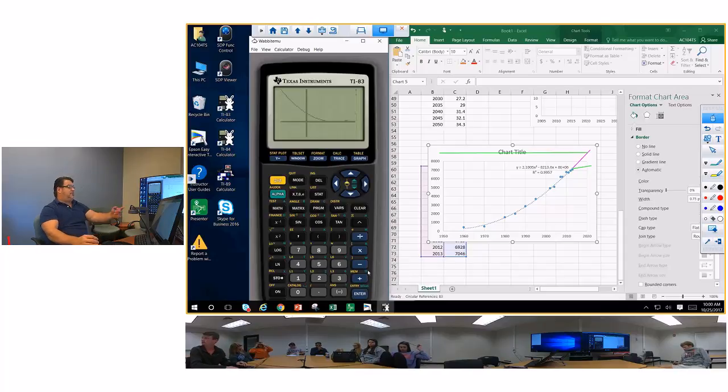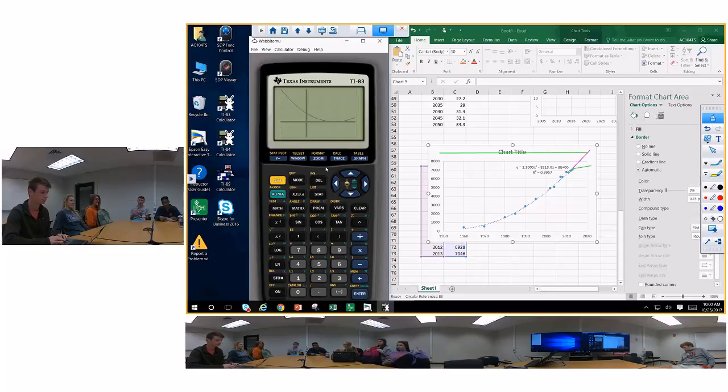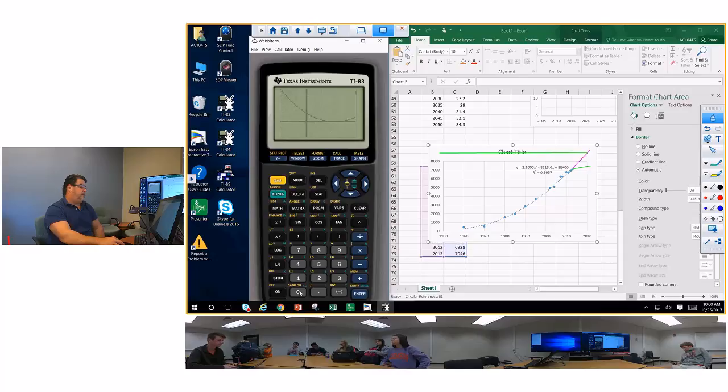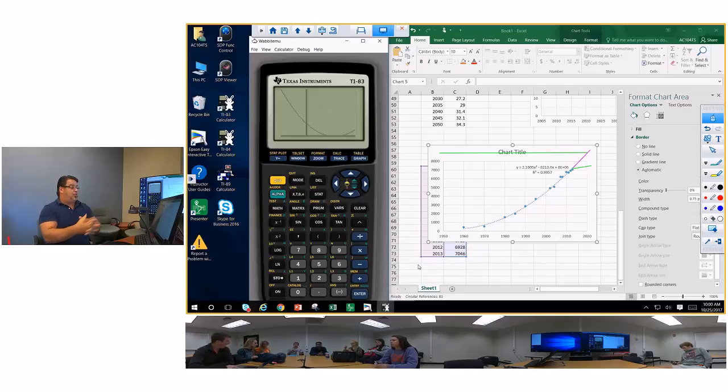There it is. Go down here and type y is equal to 9,000, because I said it was around 9,000. And graph. And then hit zoom fit. That should give you some kind of idea, but you got to work with it, okay?